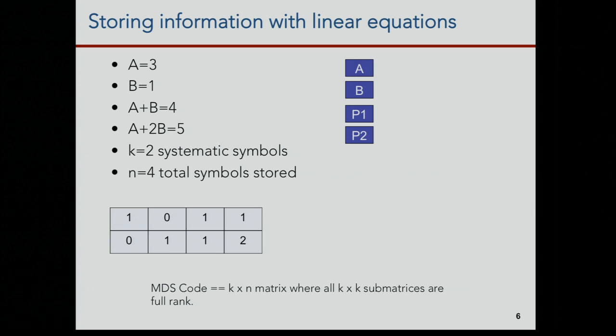If you don't know anything about coding theory, you say, how hard can that be? If I just randomly choose numbers, I'll get a matrix where all the square submatrices are full rank, but it's not that easy in a finite field. So Reed-Solomon codes are an explicit way of constructing matrices that have the property that all the square submatrices are full rank in a small field.